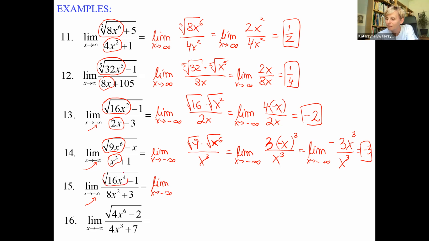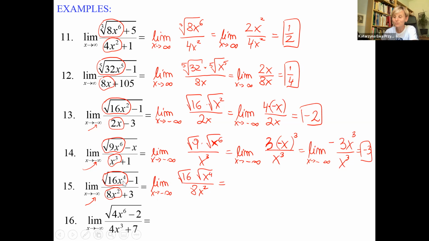Okay, this is the leading function, and this is the leading function. Let's just copy: square root of 16 and square root of x to the power of 4, over 8x squared. This one is interesting. Of course, I will follow all of the steps of simplifying the square root expression, but we may notice something just from mathematical common sense.